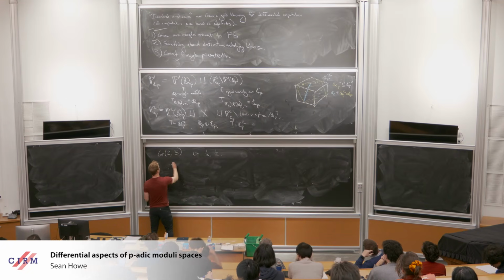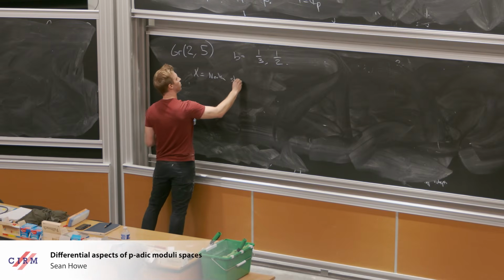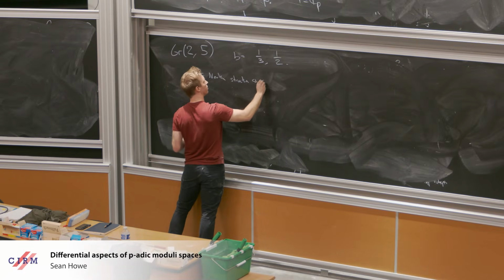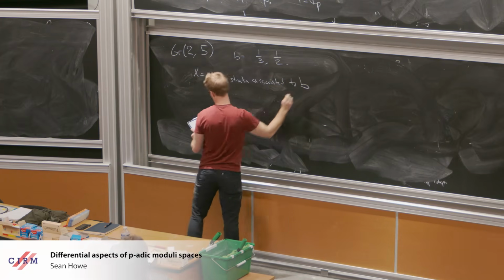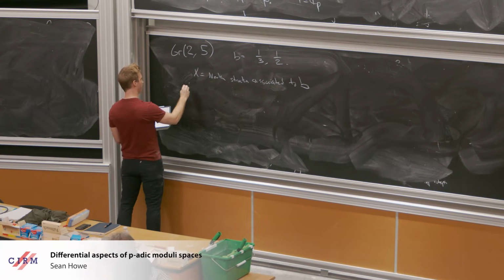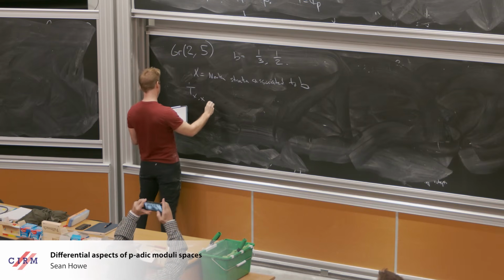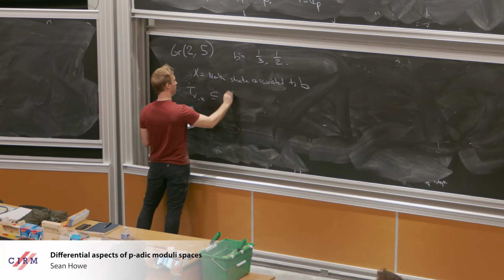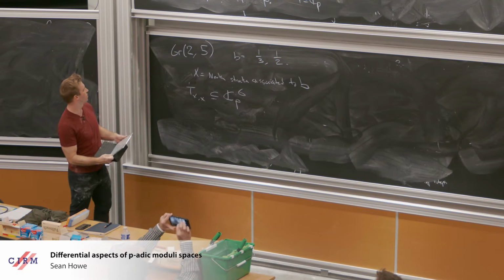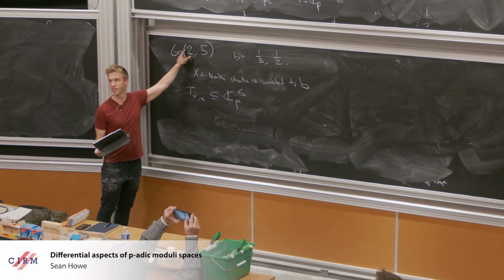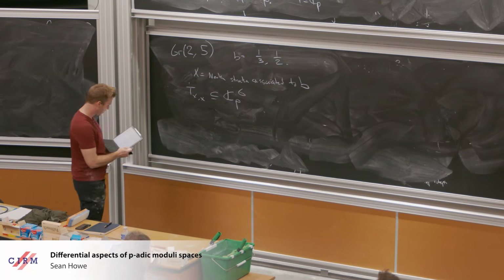So X is the Newton strata associated to B. Okay, and so what is the tangent space going to be at some point? Well, let me tell you some things about it. It's going to be contained in 6-dimensional space, because this has 6 dimensions, so it's going to be contained in the tangent space of this thing at any point.